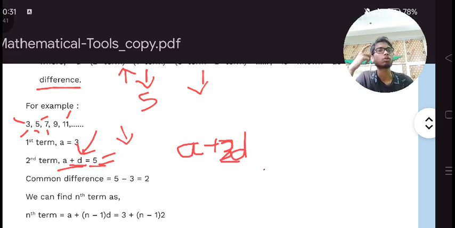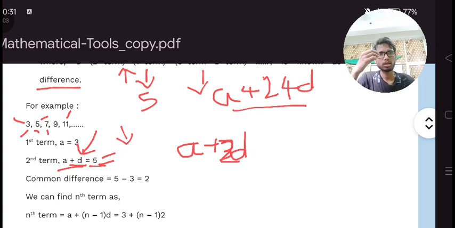For fourth position, A plus 3D. For example, if you wanted to know the number at 25th place, then you will say A plus 24D.